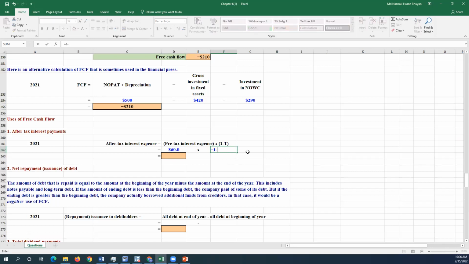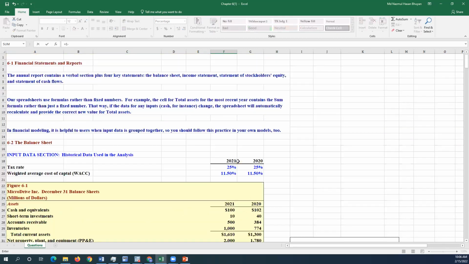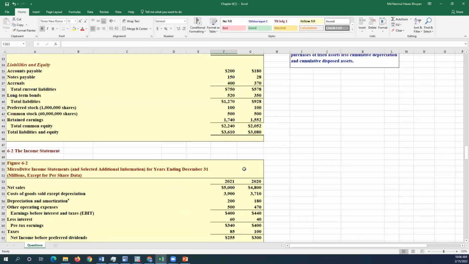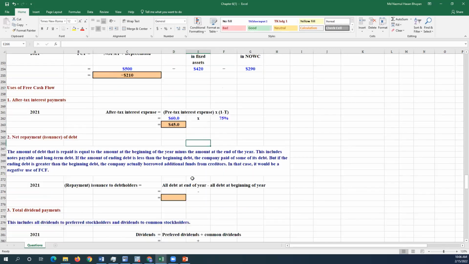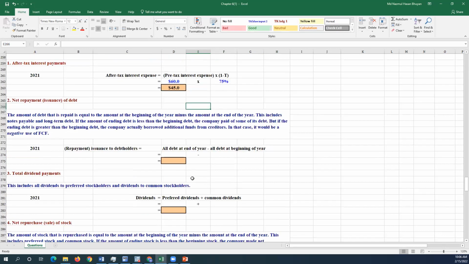Equal 1 minus our tax rate, 25%. Then our after-tax interest expense is 45.